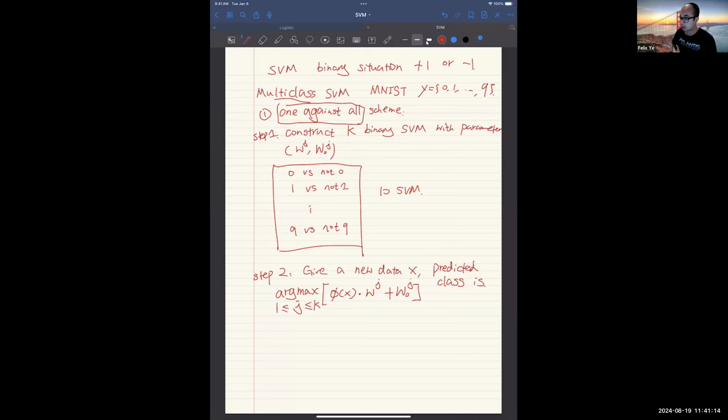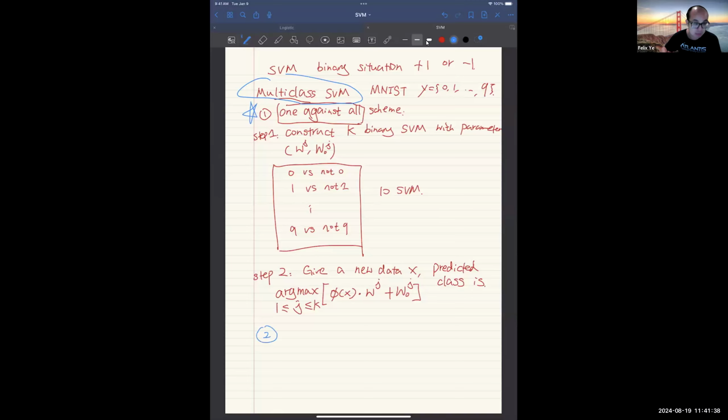The further that we get, the more likely it is to be that class. Okay, so this is basically the whole idea. If the point is further away, the probability of being that class will be significantly higher. This is the philosophy underneath. So this is multi-class SVM, and the first strategy is one against all.